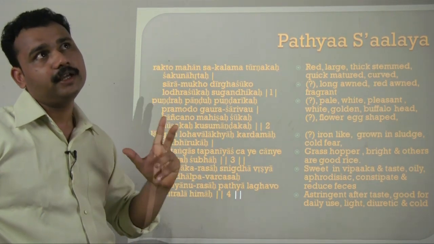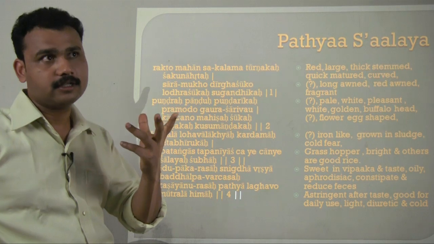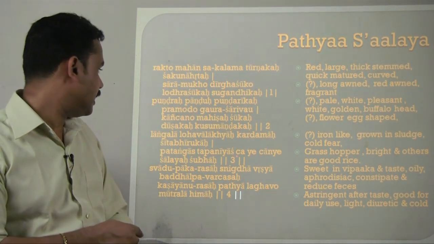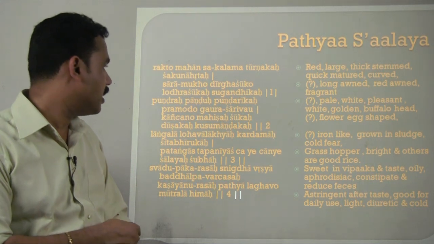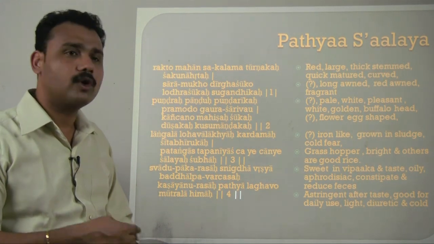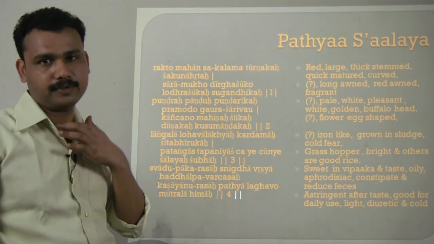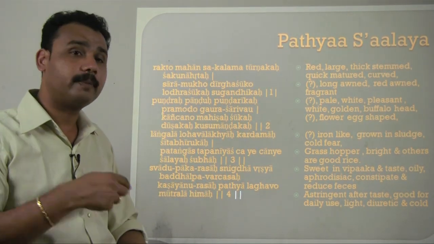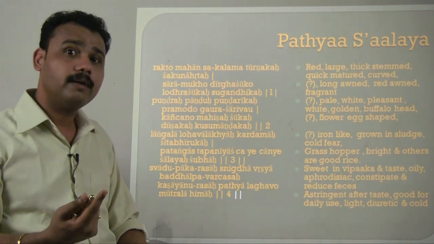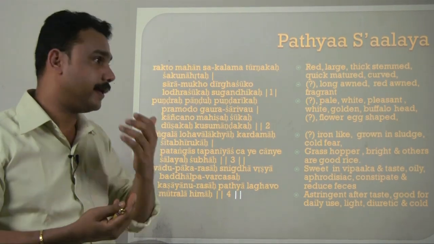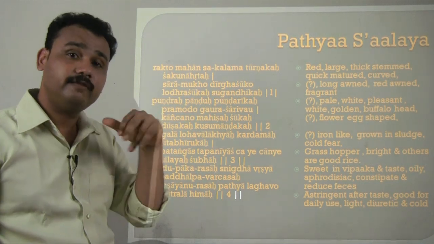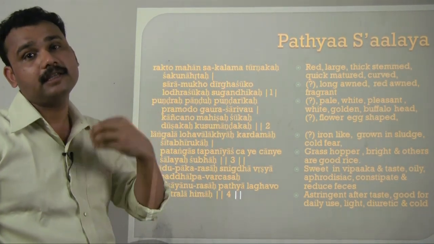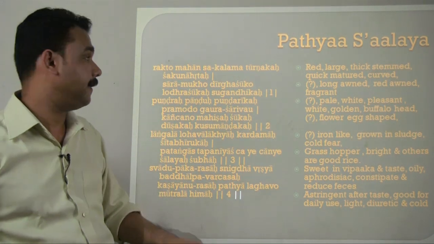So a shali which has fragrance was listed as Shubha. Ete anye shalayah shubhah. Shubha means good or auspicious or healthy. So even though it may not be the same species that Vagbhata spoke about, we can infer that fragrance could suggest that a rice is good and healthy.